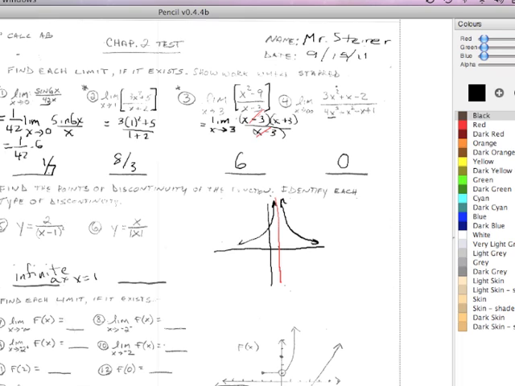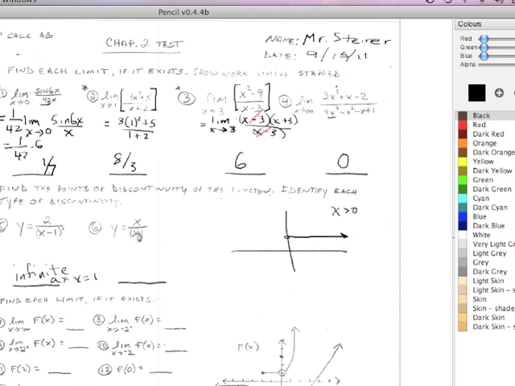But what about this one? x over the absolute value of x. This is an awesome function because we have definitely a problem at x equals 0. But when x is greater than 0, the function value is 1.